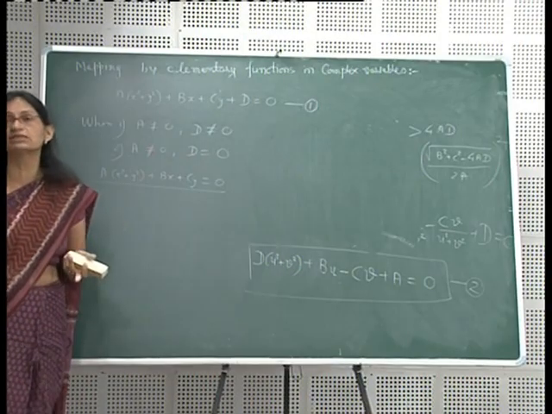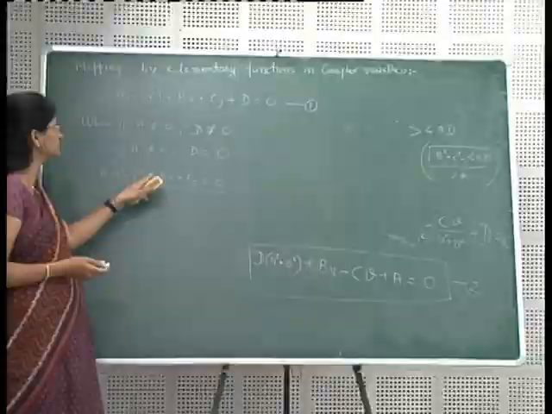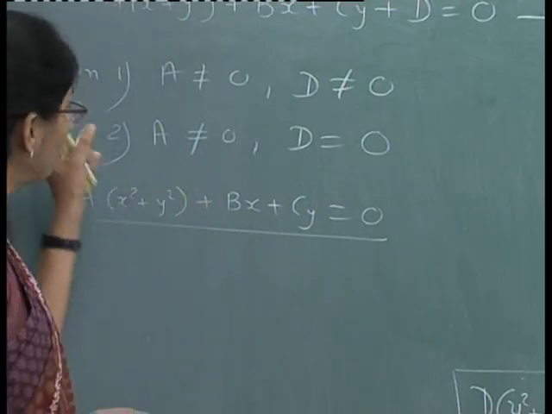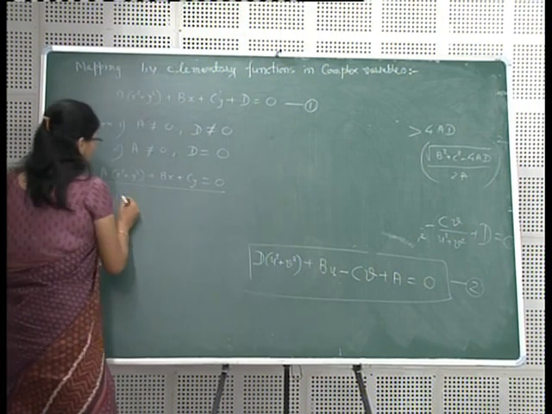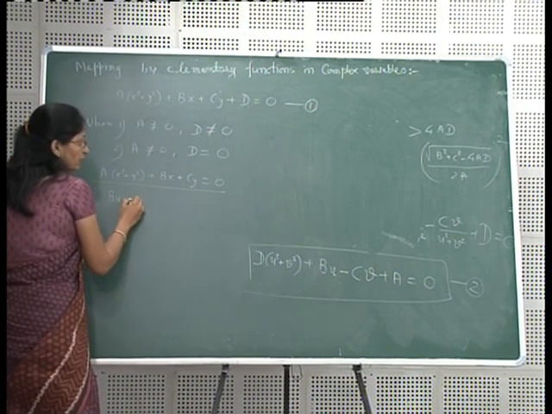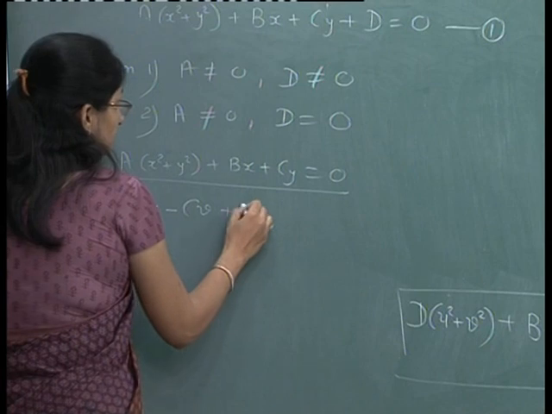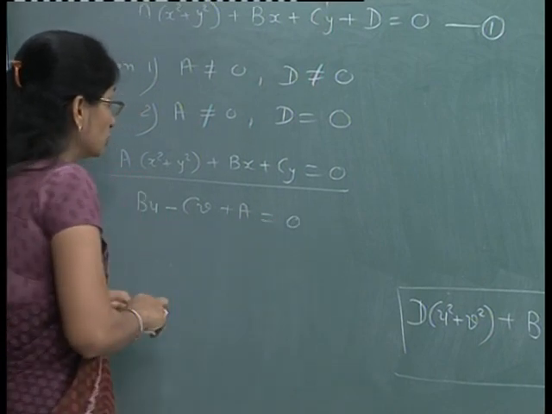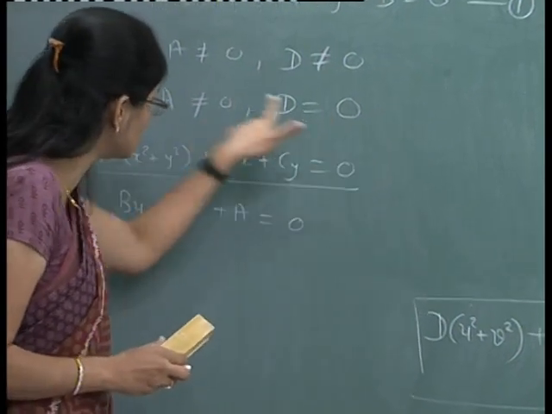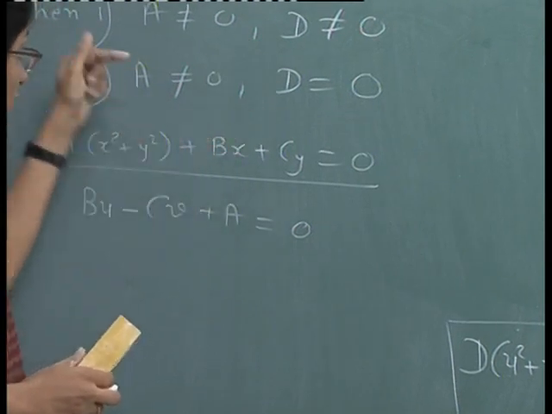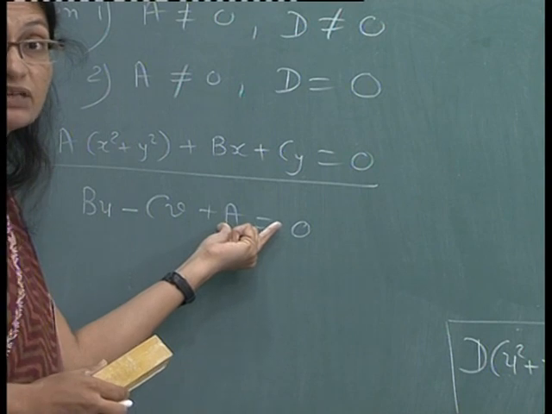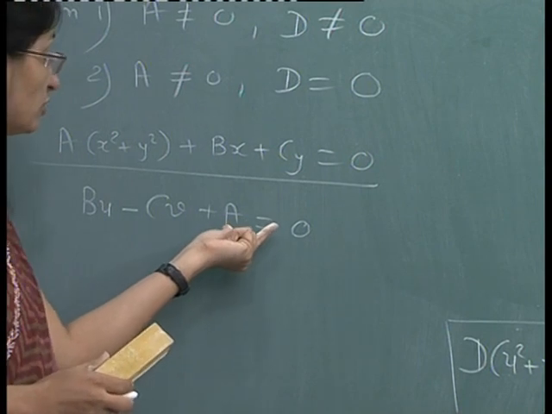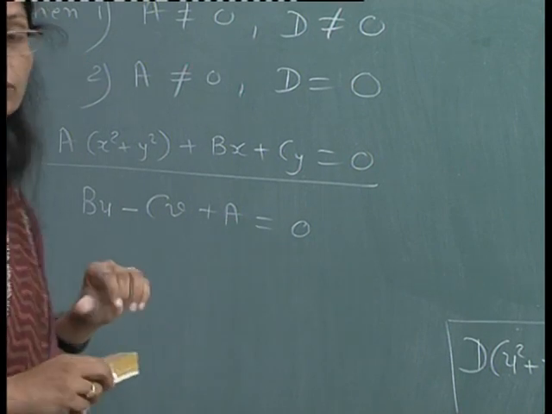So this circle passes through 0, 0. Now if we put d is equal to 0 in equation 2, then we get bu minus cv plus a is equal to 0. So the image of this circle which passes through 0, 0 is the line bu minus cv plus a, which does not pass through 0, 0 because a is non-zero here.